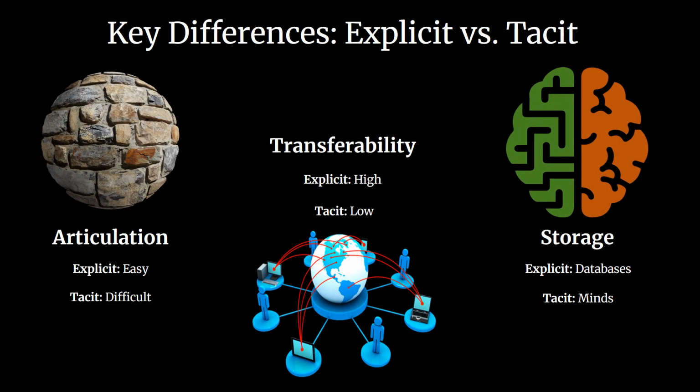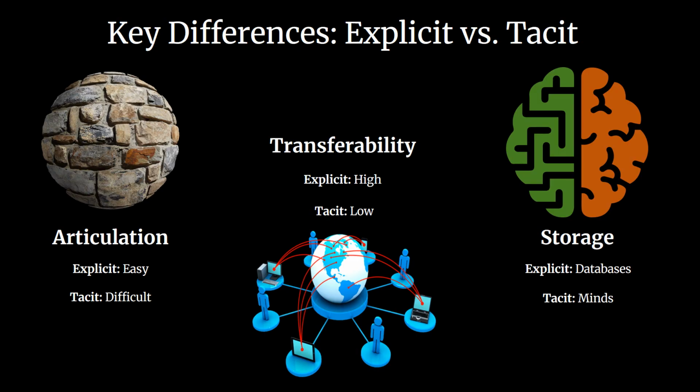Let's differentiate explicit and tacit knowledge. Explicit knowledge is easy to articulate while tacit knowledge is difficult. Second, explicit knowledge has high transferability whereas tacit knowledge has low transferability. Third, explicit knowledge is stored in databases and documents while tacit knowledge resides in the minds of the individual.